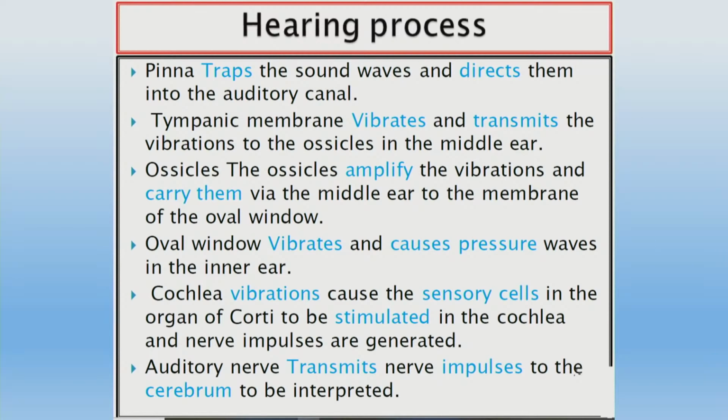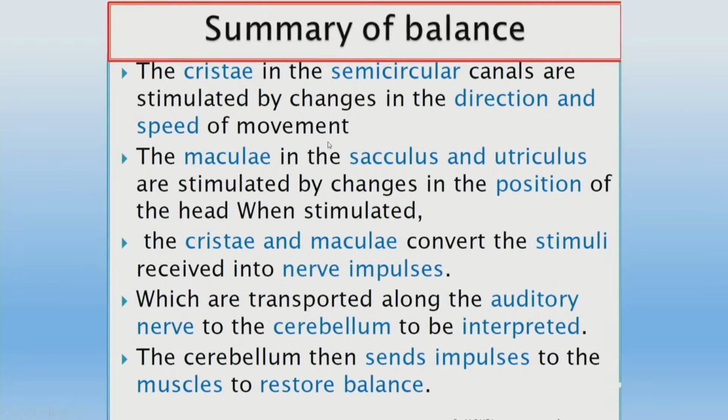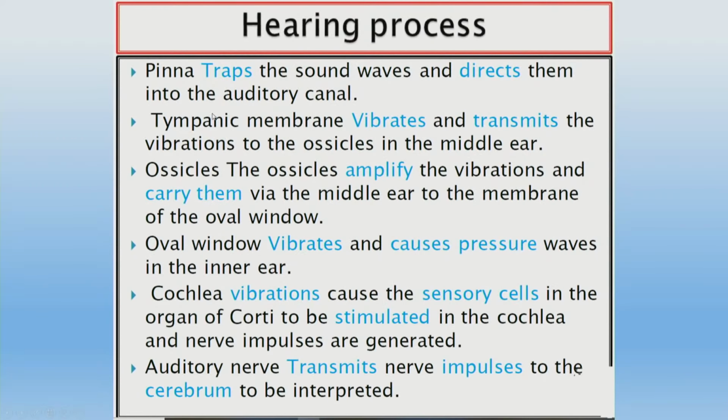All right. Like I have said, please just make sure that you go and revise the process of hearing. Please make sure that you drill this process. I will go through this. The pinna traps the sound waves and directs them into the auditory canal.